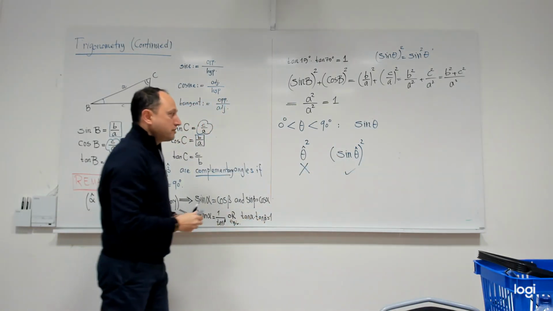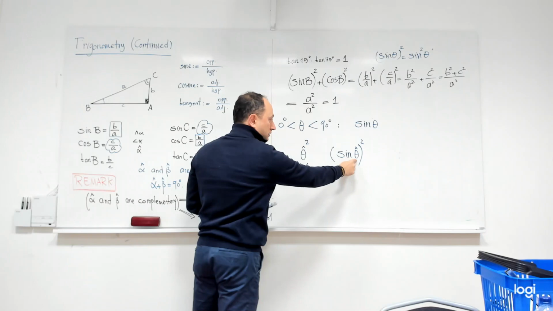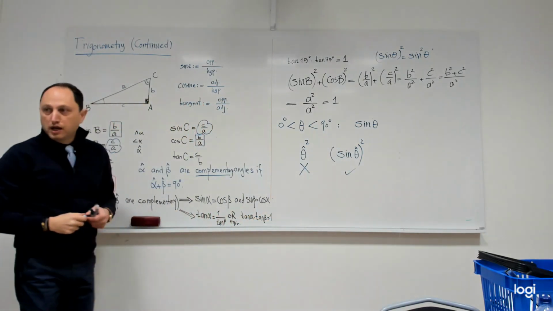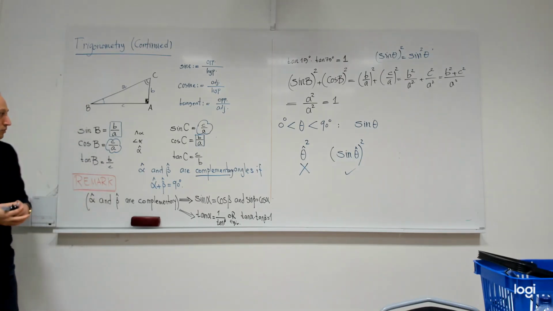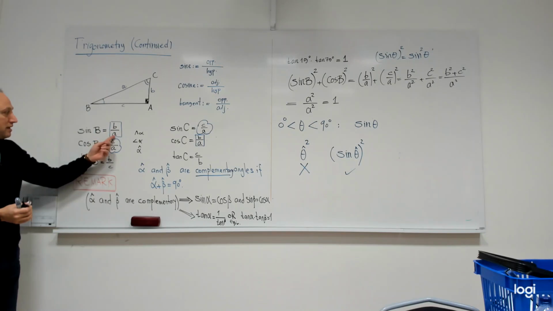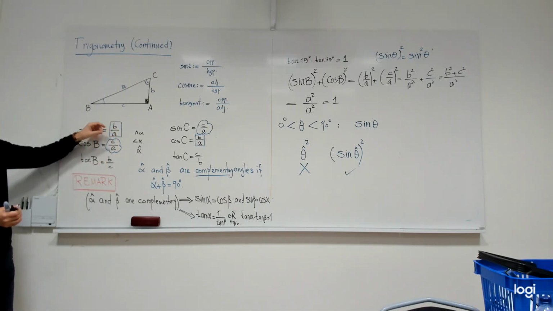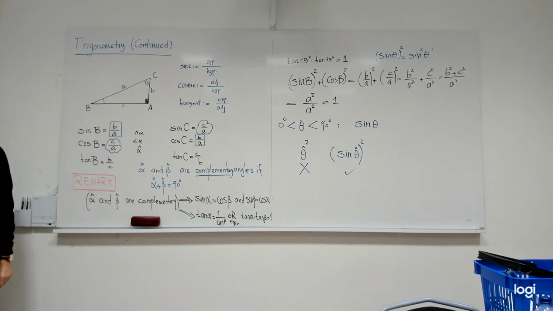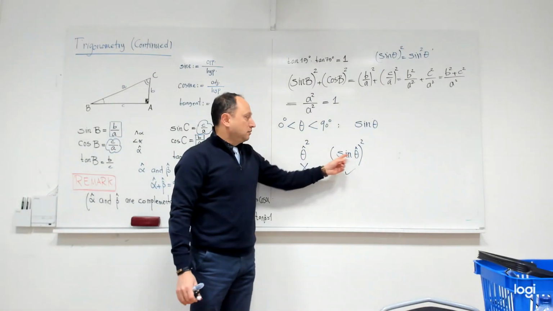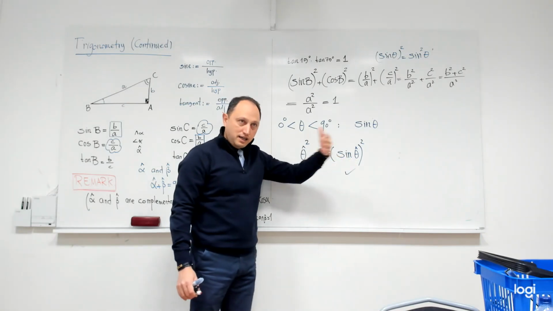Because even though theta is an angle, what I get at the end for sine is a pure number. Why is that? Because, for example, sine is this number divided by that number, and they have the same dimensions, yes? This is a length, this is also a length. If you divide two lengths, it becomes a pure number, yes? So even though theta is an angle, sine theta is a number.